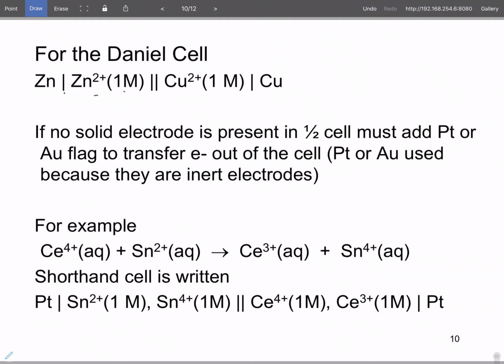We have our concentration, and then on the cathode side, we're going from the copper ion into the copper solid. Now, if you were to run a wire here with the electrons flowing this way, then you would complete the circuit. Now, remember, in the case of a gas or two liquids, because if you had iron 2 plus and iron 3 plus, there's no solid there.